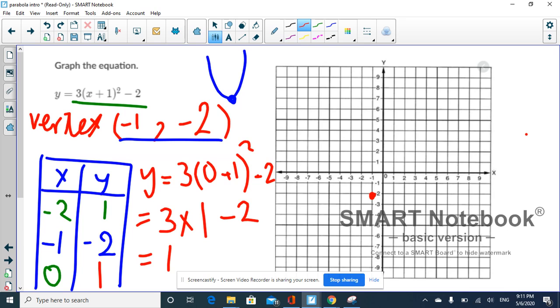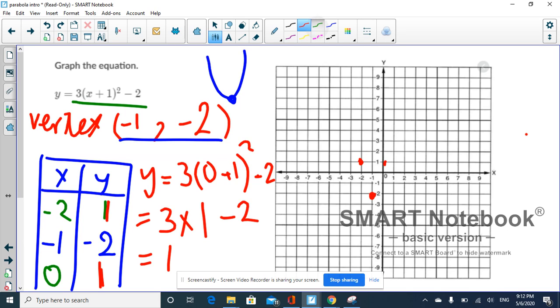It's the same. So the point before and the point after give the same value of the function at these 2 points. -2 goes to 1 and 0 goes to 1.